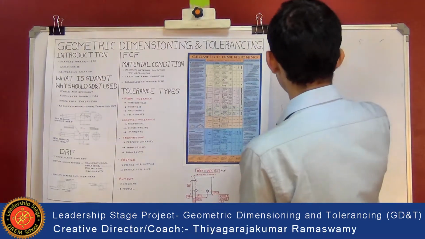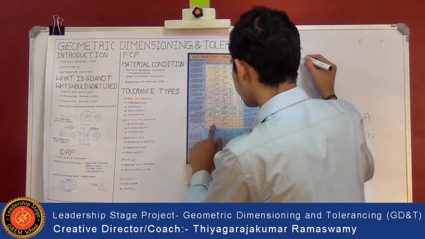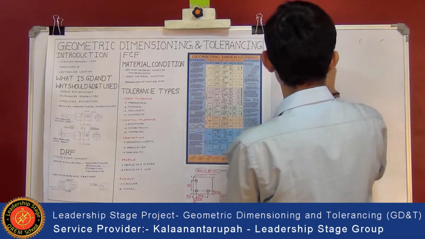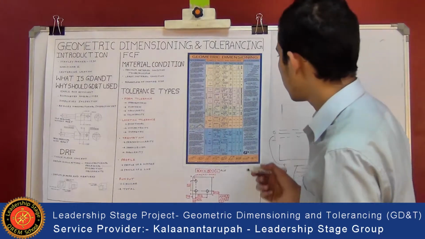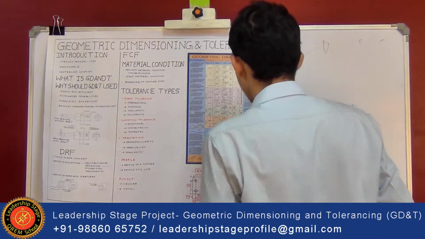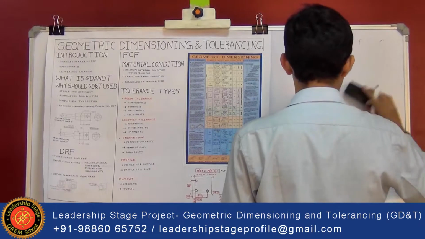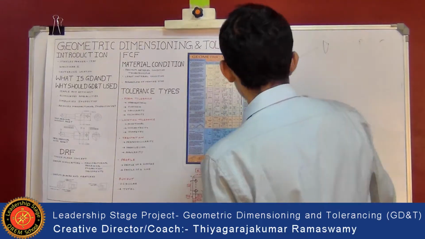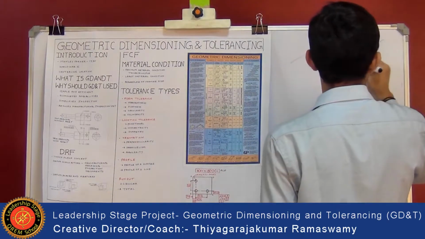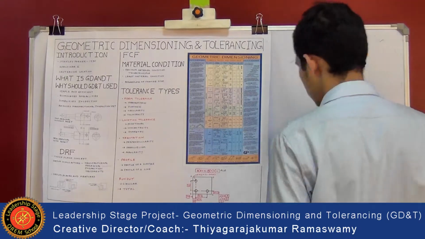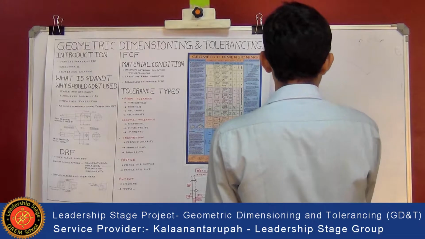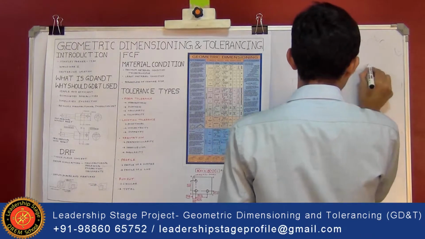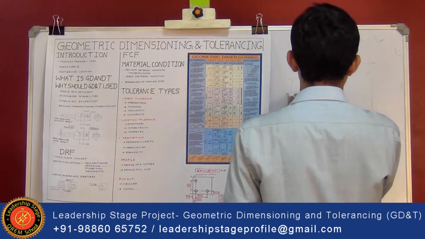Circular runout can be represented using the symbol of an arrow mark at 45 degrees. Total runout is represented using two arrow marks. In case of circular runout, consider an example of two cylinders having the same center.